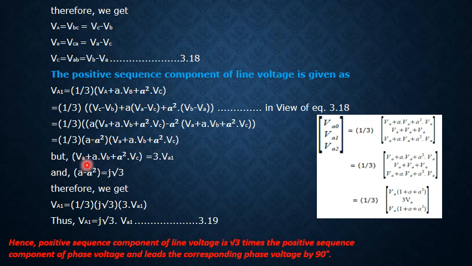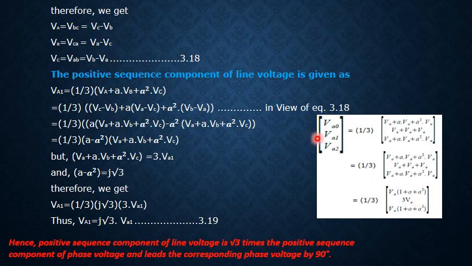From our previous derivation, we observed over here that for the positive sequence component we get this equation. For the positive sequence component, all the phase voltages will be equal to each other. So the phase voltage will be equal to 3 times Vf, which we simplified in our previous derivation.